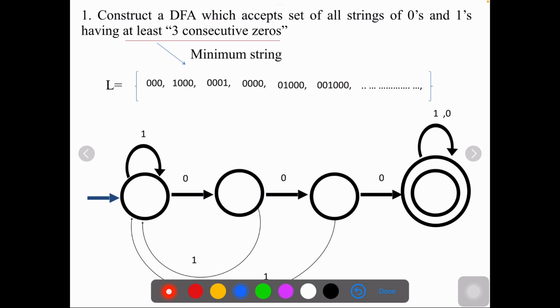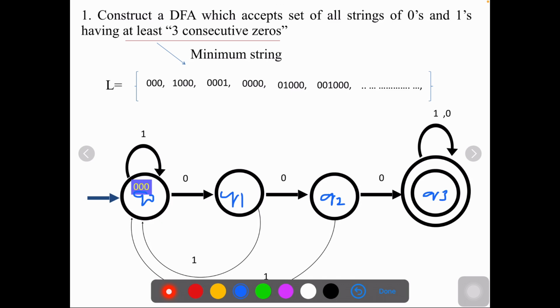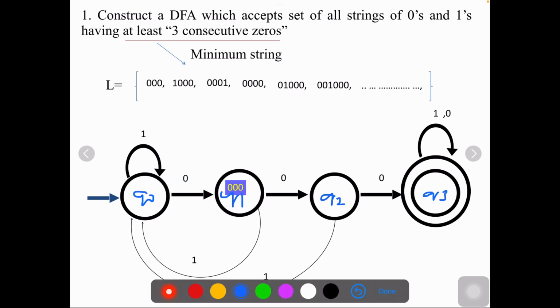I will show you this. I will label the states Q0, Q1, Q2, Q3. I have taken some input here. I have taken a lot of time to animate this, so look at how the animation happens. We start at Q0. On the first 0 it goes to Q1, and then the second 0.